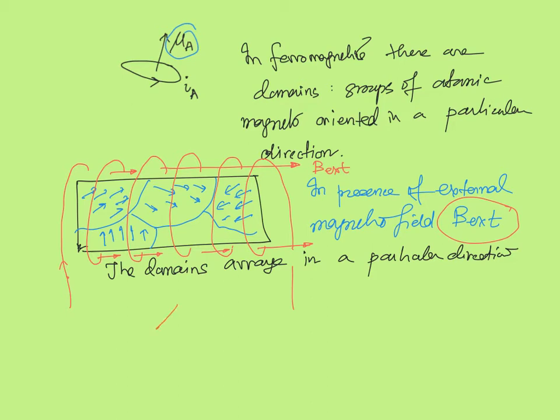When you have a magnetic moment mu a, be it an atomic magnet or a bar magnet, and you have this B external, the magnet is most stable when it is parallel to B external. So there is such a condition when almost all the atoms are arranged in a particular direction.